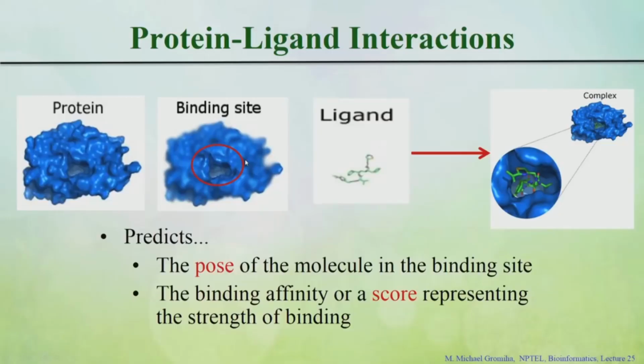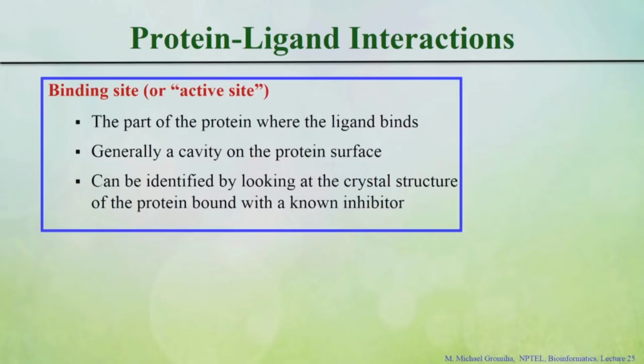So, one is the pose, the conformation of the binding site, and the second is the binding affinity, which we can relate in terms of a score that gives you the strength of the binding.